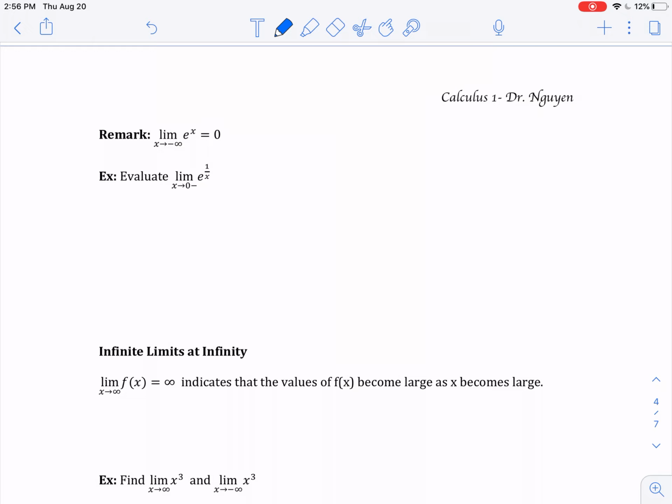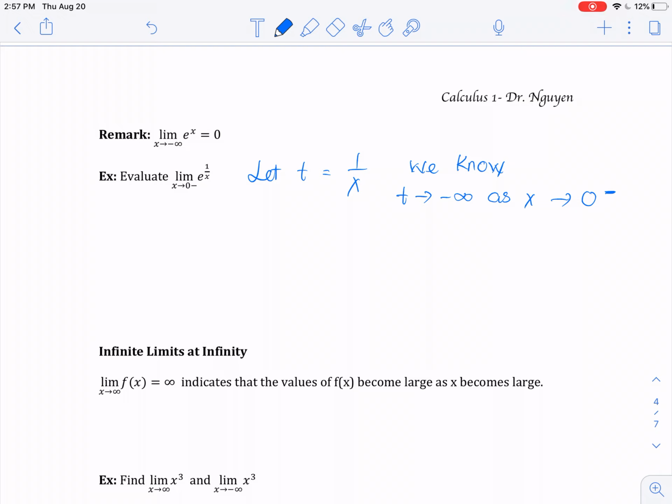So we should let t be 1 over x. Now we know that t is going to go to negative infinity as x goes to 0 from the left.